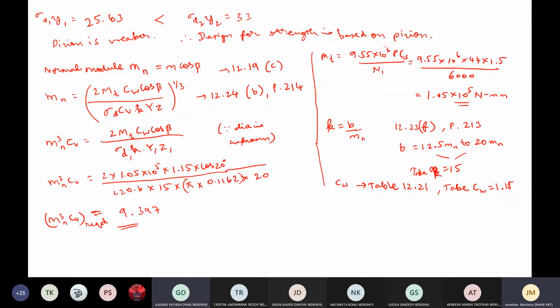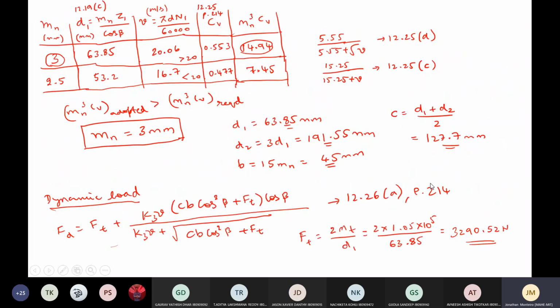So this FT factor, we solved it directly from the torque that is getting transmitted, that is MT, 1.05 into 10 raised to 5 Newton mm. Using that, we came across the FT value, the tangential tooth load on that particular gear.